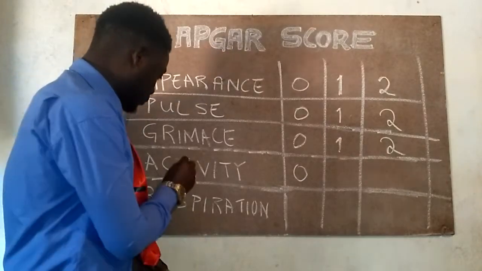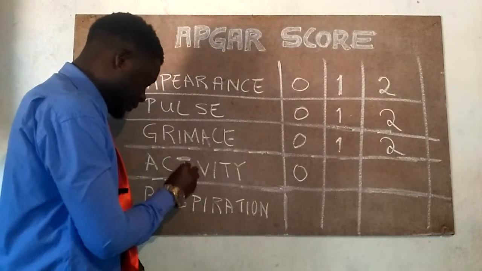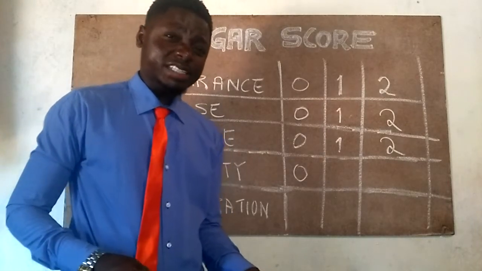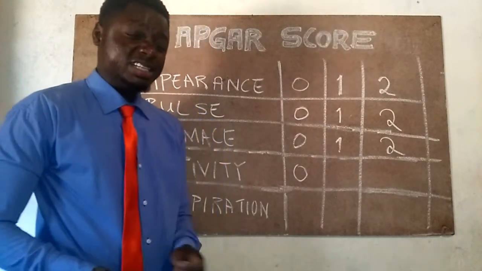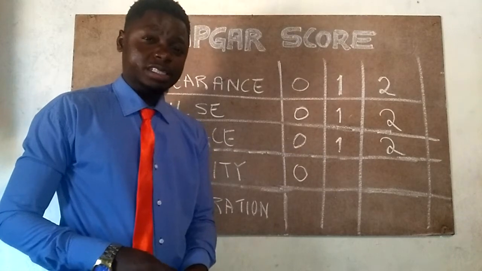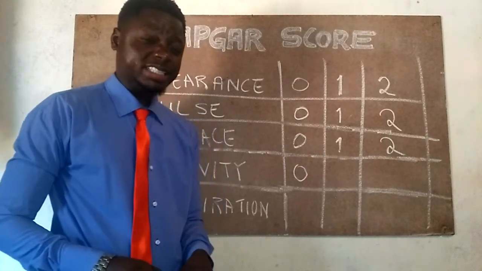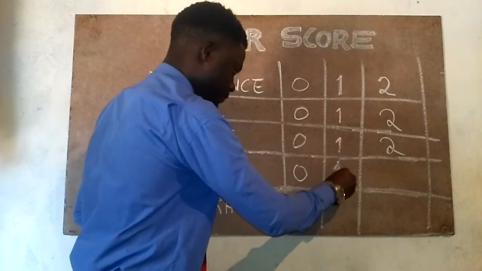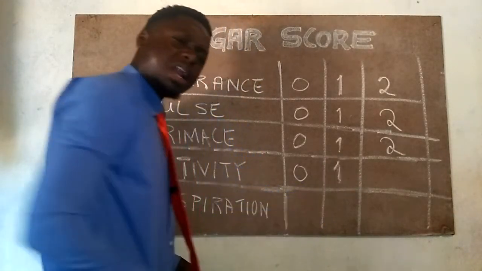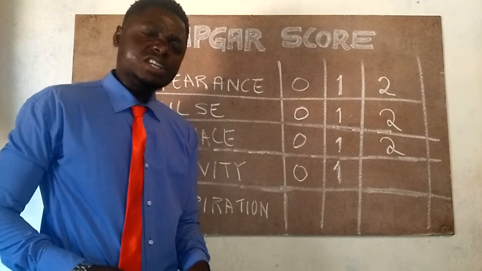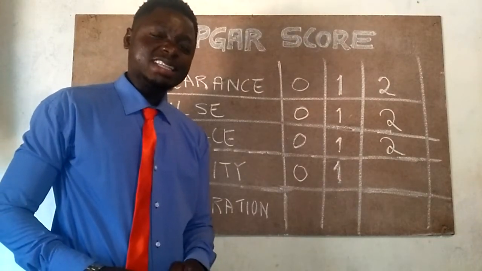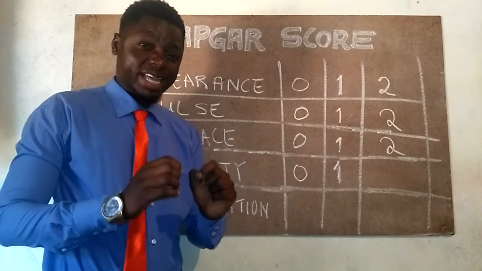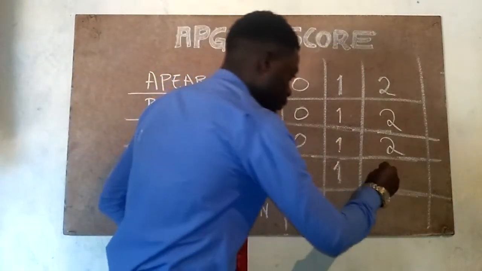But if the limbs and the extremities are flexed, but there is no active movement, then we give this child 1. Now, what about when the baby's limbs are flexed and there is active movement? Then we give that baby 2.